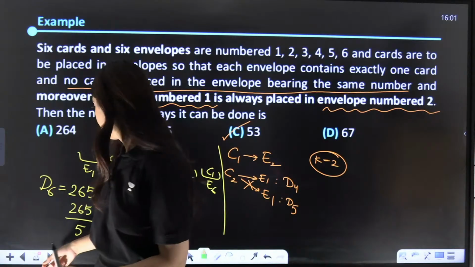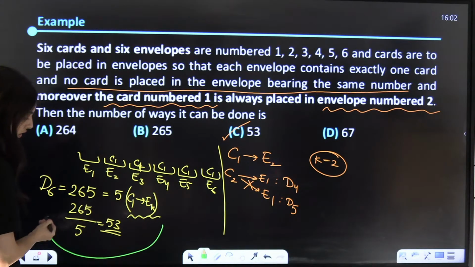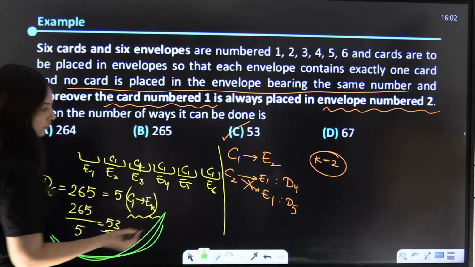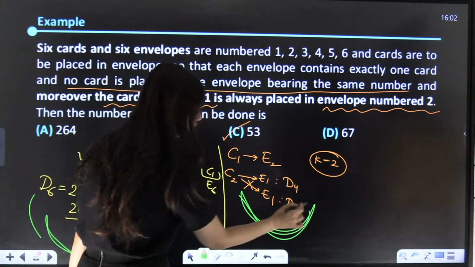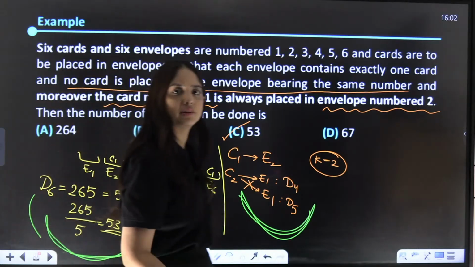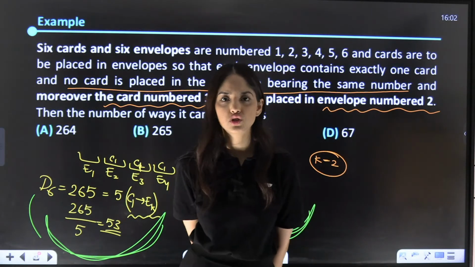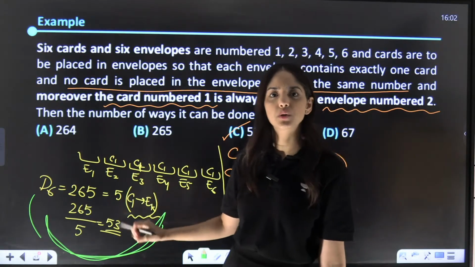For example, in this question, if we knew how it was derived, we were able to solve using any of these methods. They are both derivations in a way, right? How we were checking Dn is equal to n minus 1 into Dn minus 1 plus Dn minus 2. This is directly used in this problem.